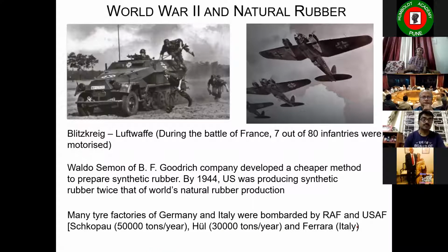Now, in the World War, it had a great impact, right? In World War II, Blitzkrieg, all of us know, is the rapid advance of German forces. When I read about Blitzkrieg, I thought they were all mechanized vehicles, but when I dug out the information, it turned out 80 infantries attacked France, but only 7 of them were mechanized, and all the other 73 were horses and walking.